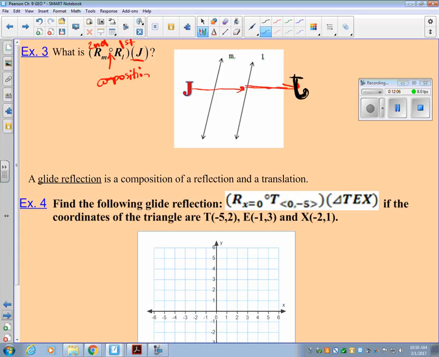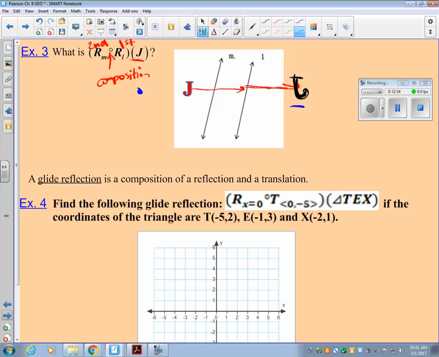And then we're going to reflect it across line M. I'm going to use a different color. Once again, I call this the finger pinch. I measure with my fingers the distance between the line and J, and reflect it again across, and it comes back because I'm reflecting this image.